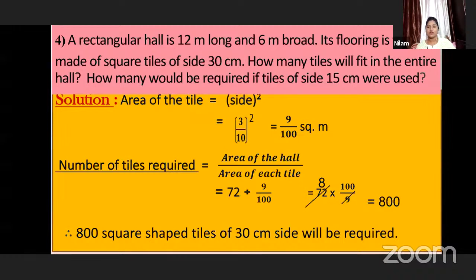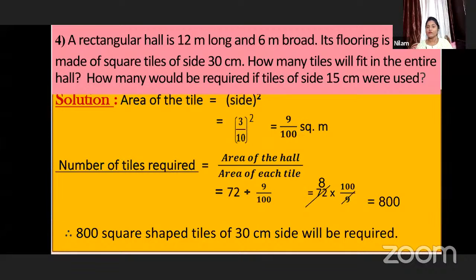Now we have seen if the side of the square tile is 30 centimeter, then we will need 800 tiles. But now the rectangular hall is same, but the side of the square tiles is reduced. It has become half of 30, that is 15 centimeter.